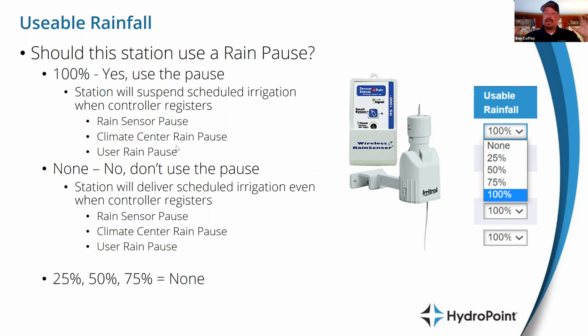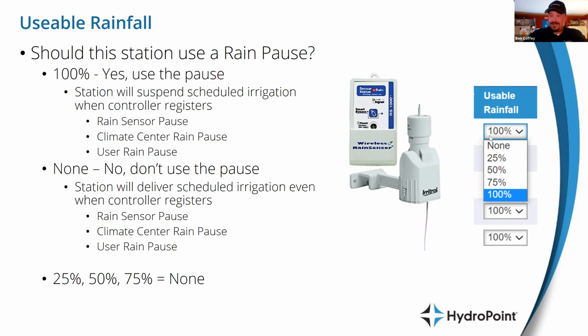That says, even if the controller gets a pause from the rain sensor or any other rain pause, we want to irrigate that one station anyway. And I see this most commonly in new plantings, right? Contractors are going to say, I want this to water come rain or shine. And so they will change the usable rainfall setting to none. So even if it rains, they're watering that new sod or that new seed in.